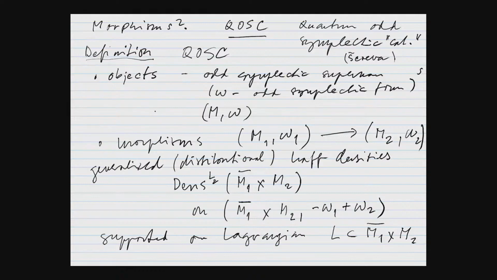And so what we should consider are half densities on the Cartesian product, which are supported on a Lagrangian subspace.